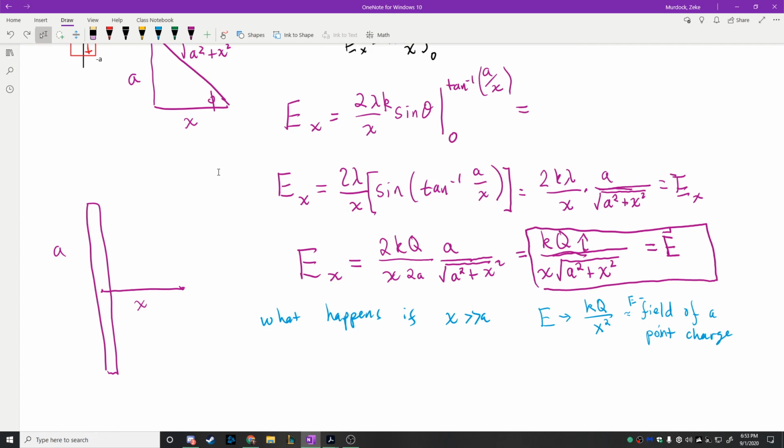There's another option where we could see the reverse. So what happens if we do the opposite? If a is significantly larger than x?